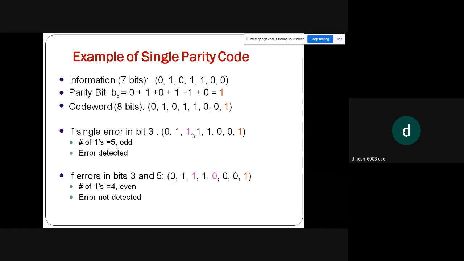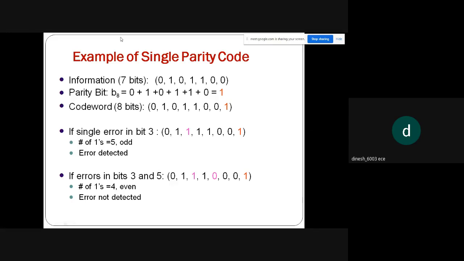The number of ones is 1, 2, 3, 4, one more parity is there, one more 1, so 5 we got. So there is an error being detected. There is a single error being detected.